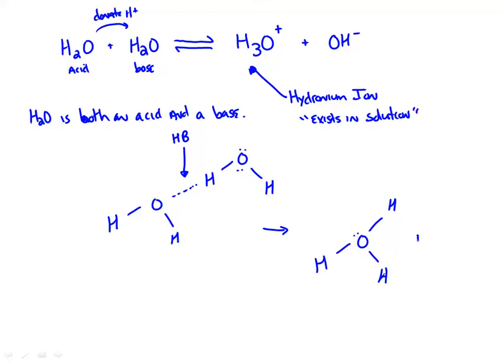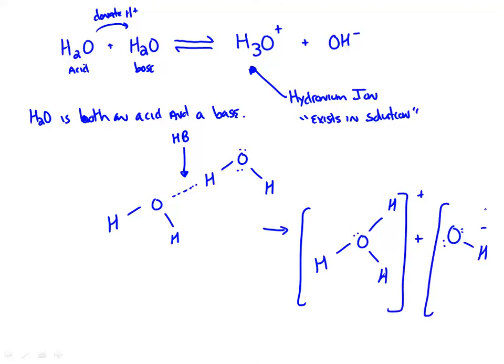And then, of course, that leaves the other part being simply that OH-, and this, of course, has to have a plus charge overall. I guess if we're drawing Lewis structures, I better put them in brackets. They're ugly brackets, but that's okay.